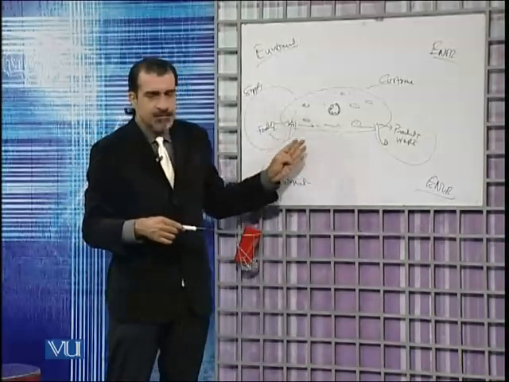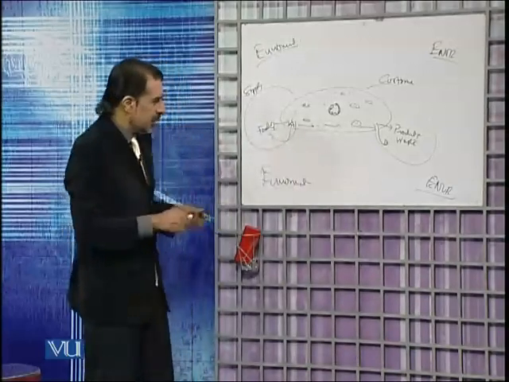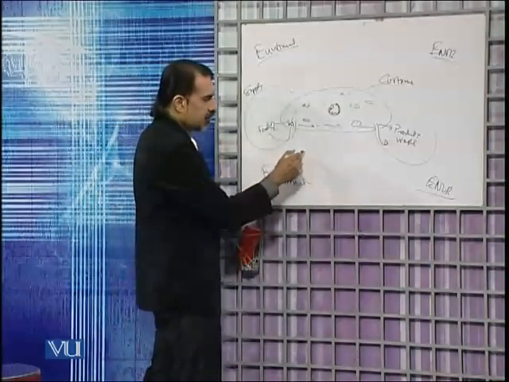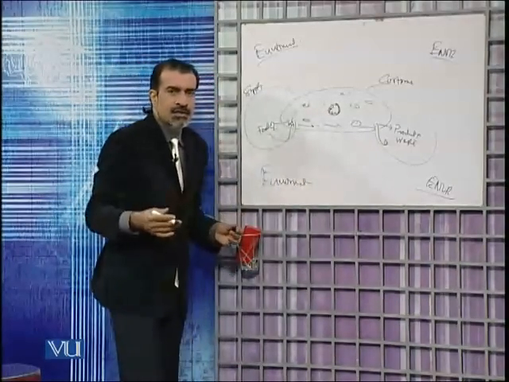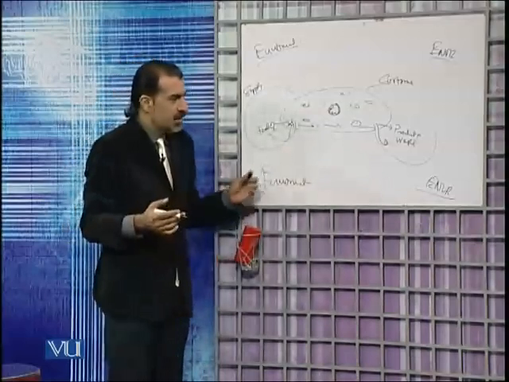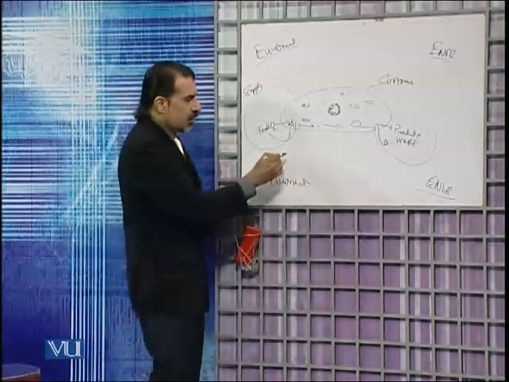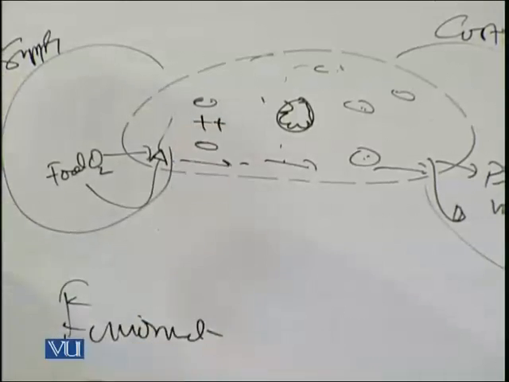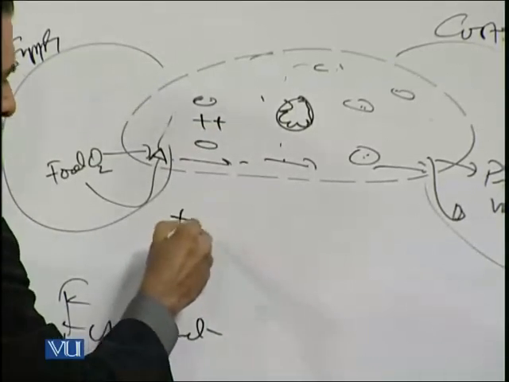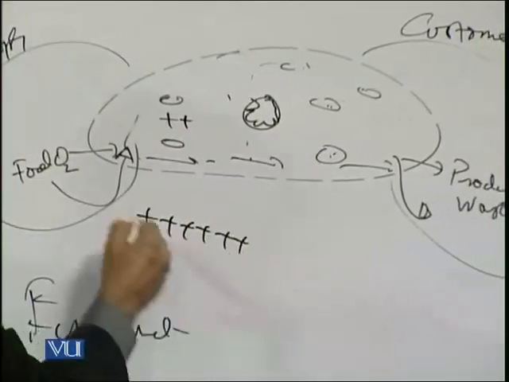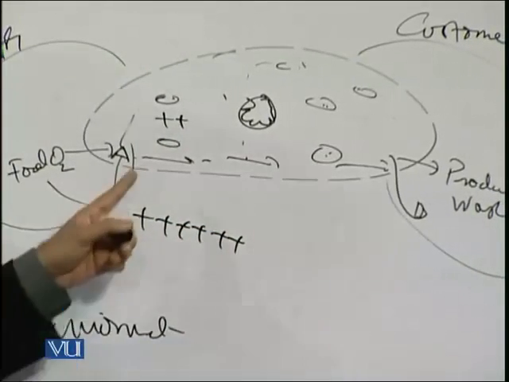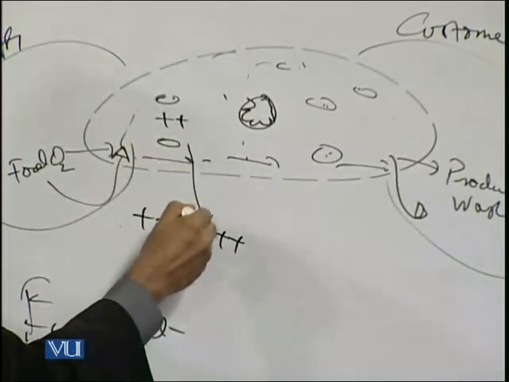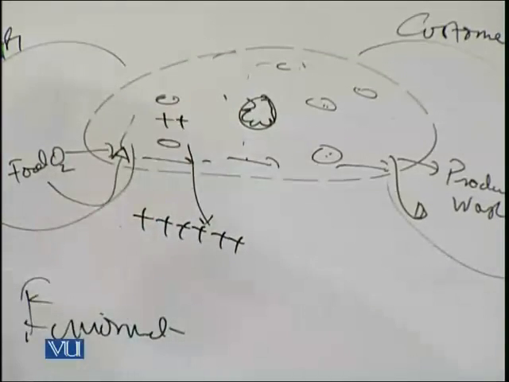Like in the case of cells, for example, the science students will understand, the biology students will understand it better. If the concentration of sodium, say, inside is low, but outside in the environment it becomes highly concentrated, then water will start flowing from this cell to here and it will shrink in size.